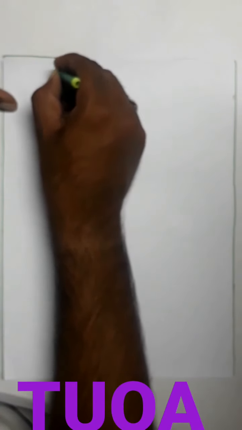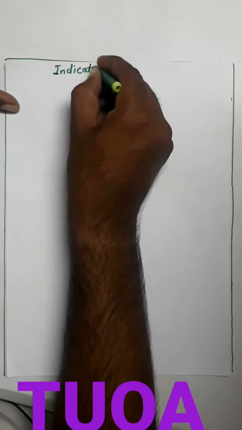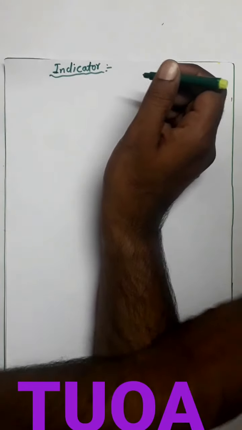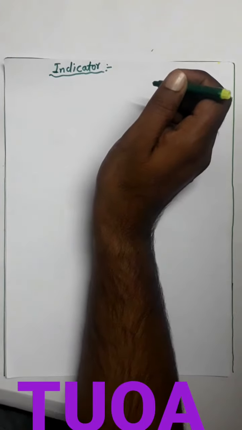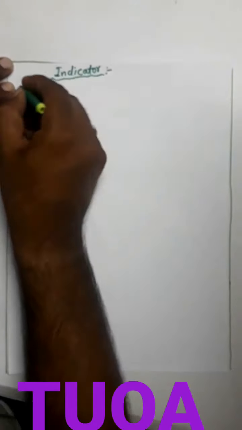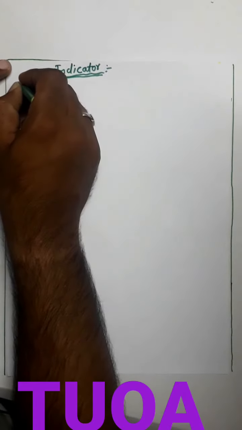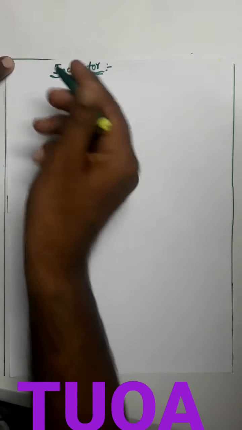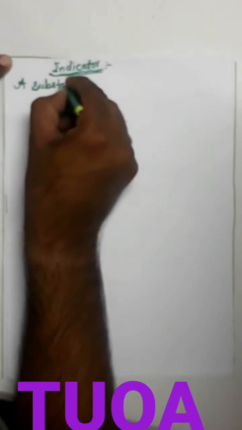I think this word is familiar to you, but here we will discuss in detail. Now, indicator means what? First of all, you should know the definition of indicator. Now see, what is indicator?